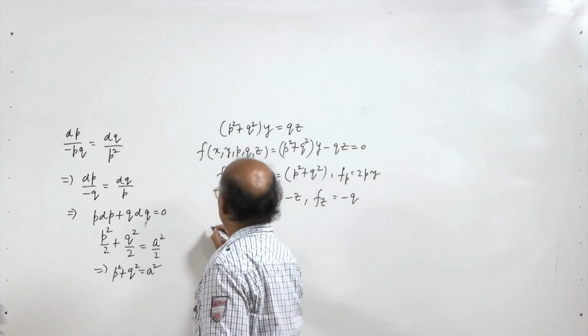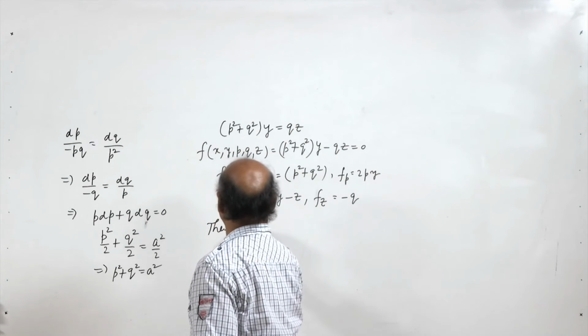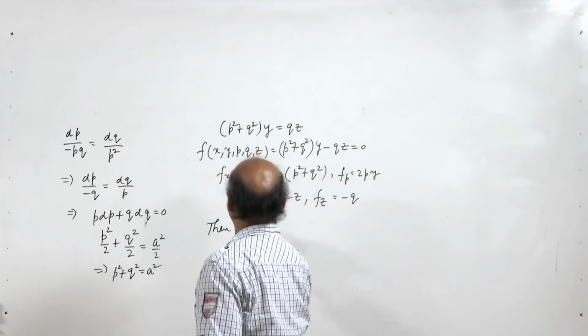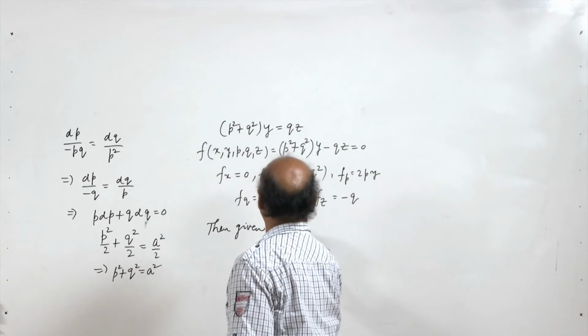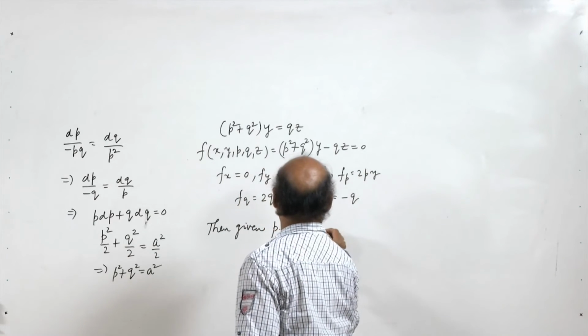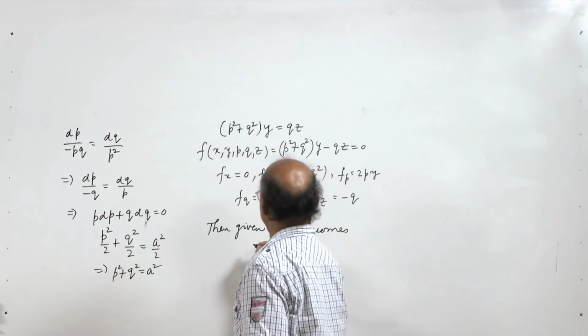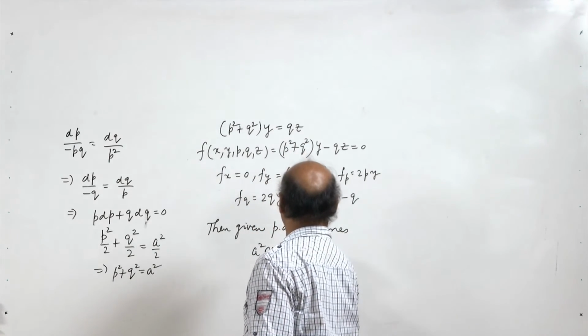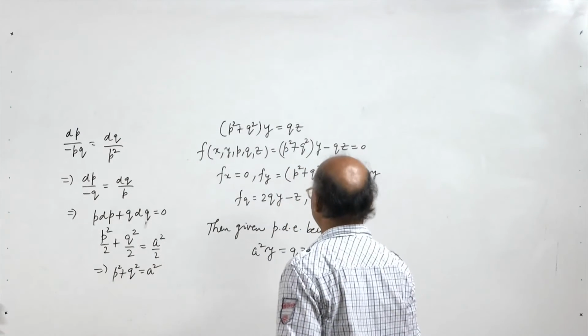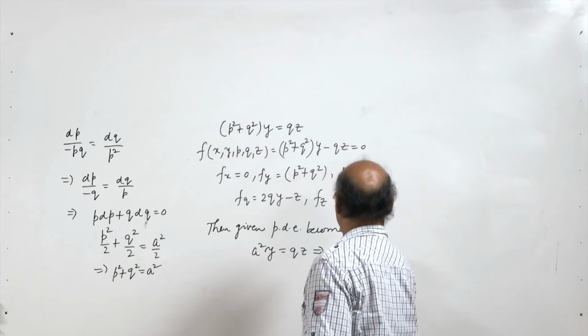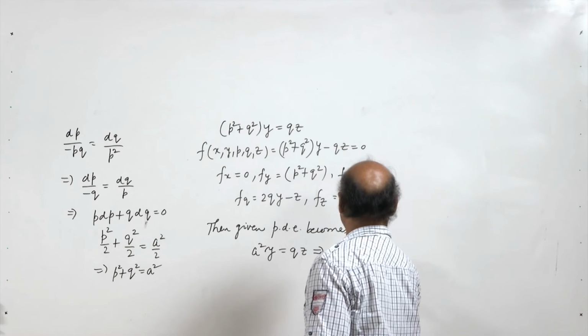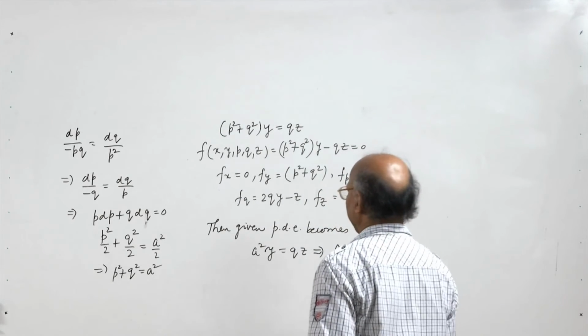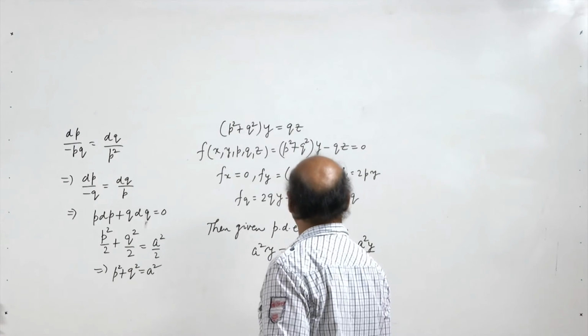And then the given PDE becomes a square y equal to qz. So this gives us the value of q equal to a square y divided by z.